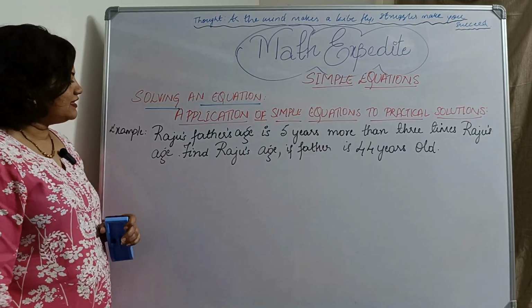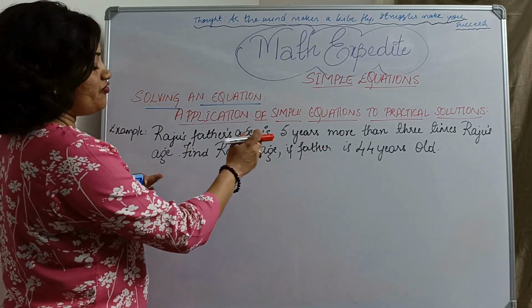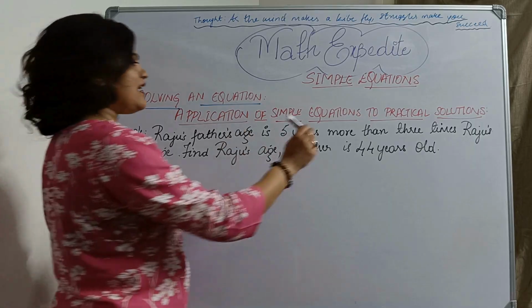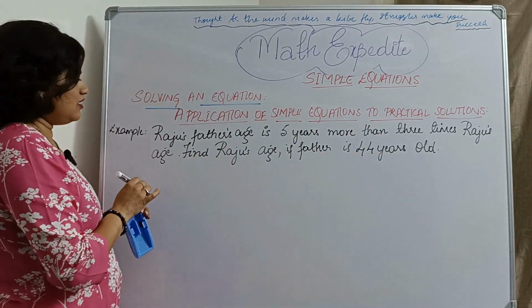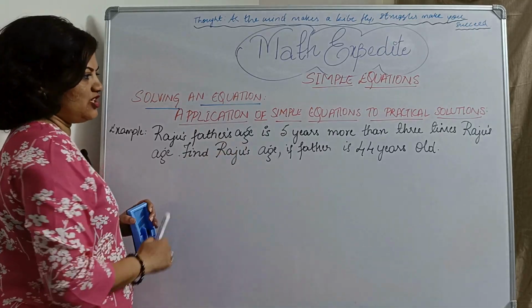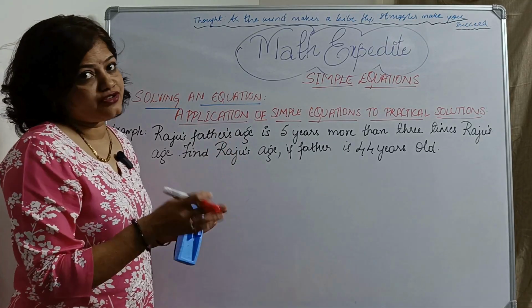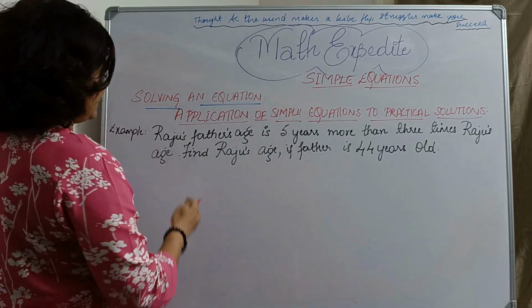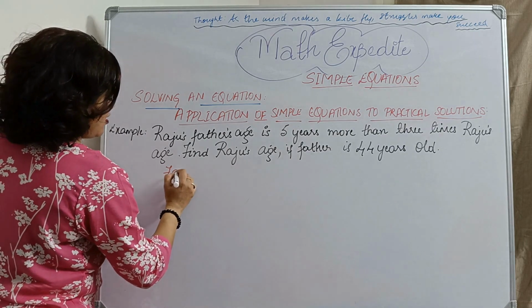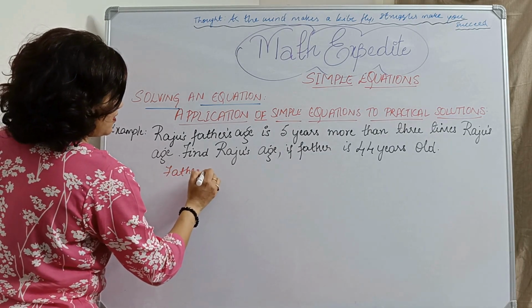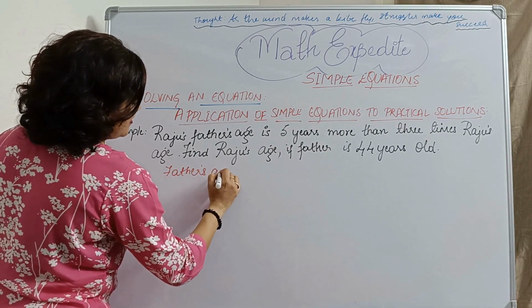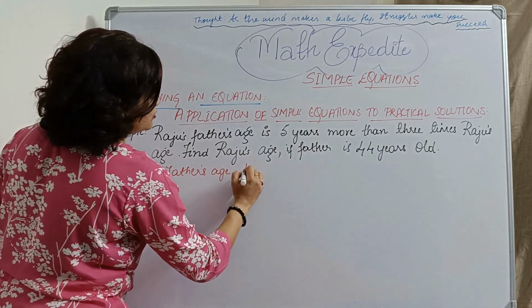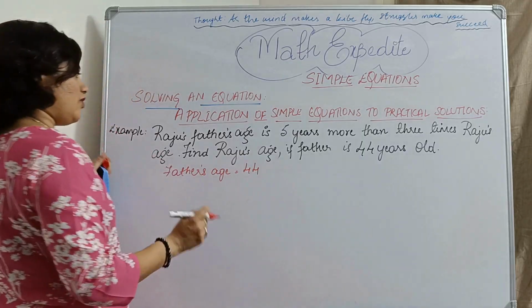Next example. Raju's father's age is 5 years more than 3 times Raju's age. Find Raju's age if father is 44 years old. They've given father's age. How much is it? Let us write down. Father's age is equal to 44. Okay.